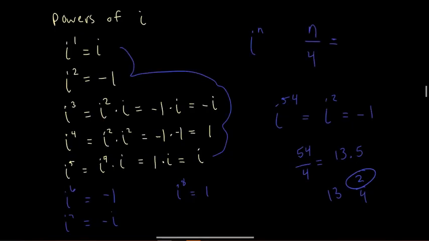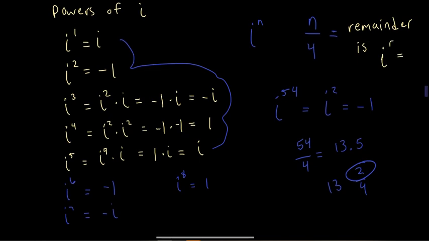So take the exponent, divide it by 4, then whatever the remainder is, once you divide the 4 out, i raised to that remainder is what it's equivalent to.